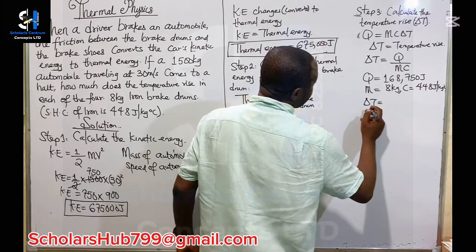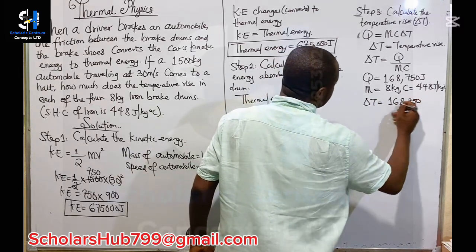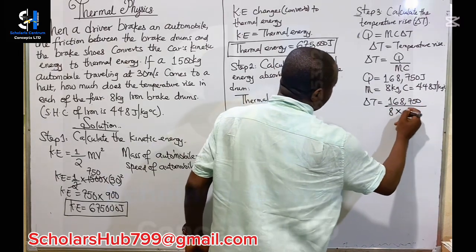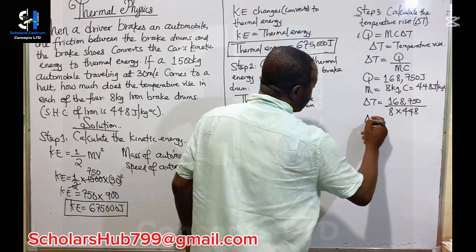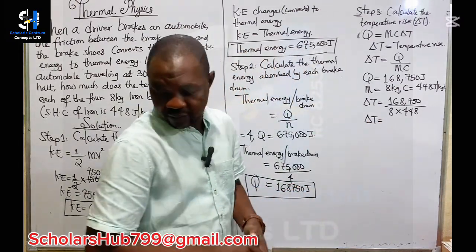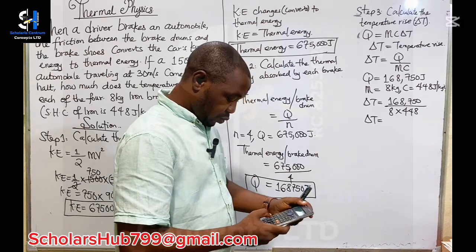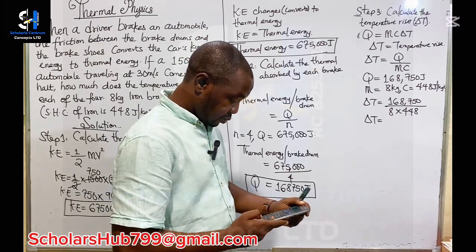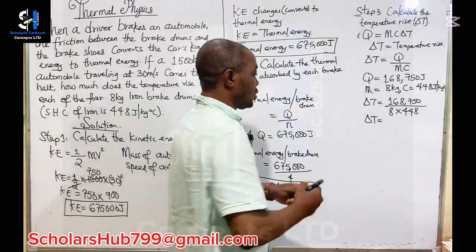The temperature rise will be 168,750 divided by 8 multiplied by 448. Now 8 multiplied by 448 is 3584.